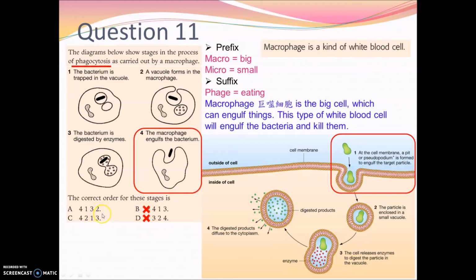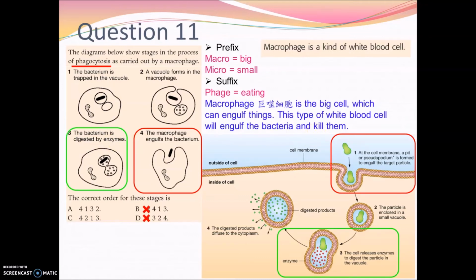So A or C, which one is the correct answer? We take a look here. So number 4, going to engulf it. So how about 1 and 2? Which one should be first? Engulfing or engulfed. It's trapped in the vacuole. And then number 3, the bacterium is digested by the enzymes. That means the cell kills the bacterium.